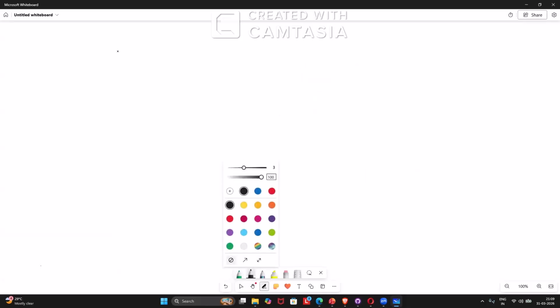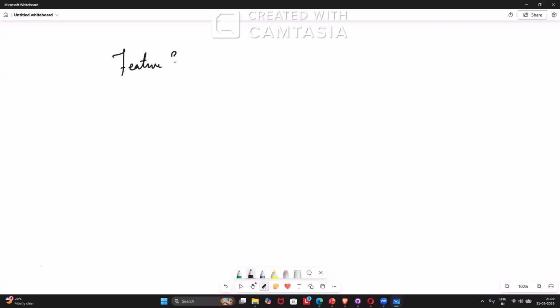Feature selection. In feature selection, suppose we have a feature set like F1, F2, etc. up to Fn.